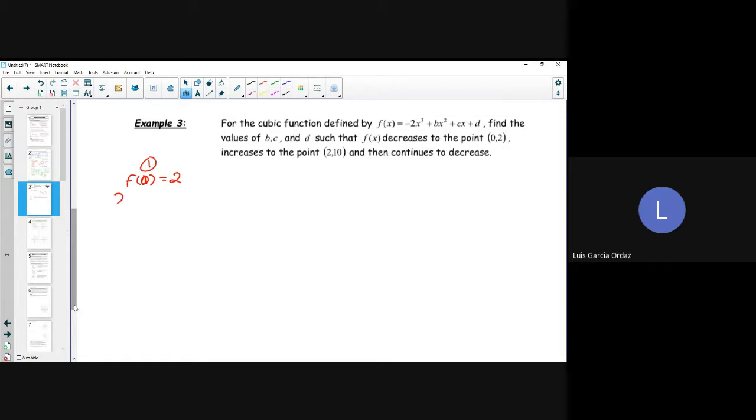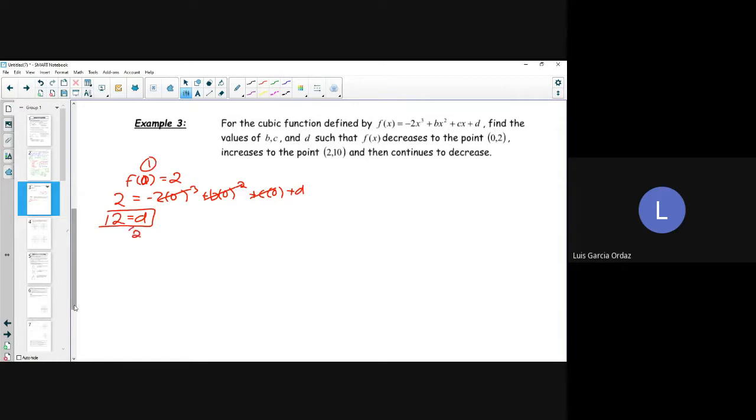So I get 2 is equal to negative 2 times 0 cubed plus b times 0 squared plus c times 0 plus d. So all of these become 0, which means that d is equal to 2. Perfect. We have my d value.